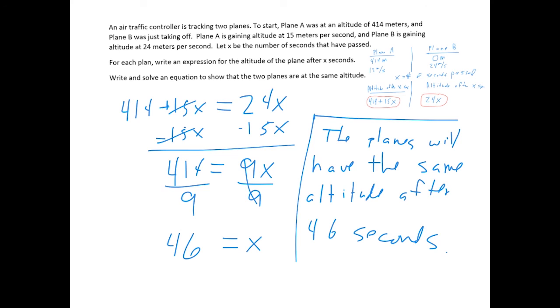And so if we set those two expressions equal to each other and solve for x, we get how long it takes for the planes to be at the same altitude.